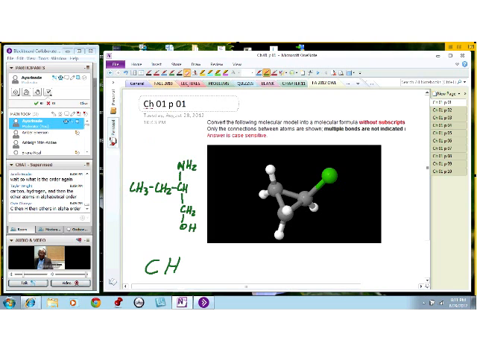Supposing I ask you to give me the molecular formula for this molecule, what will it be? You guys could send it to me through the chat window. I'm trying to answer Janelle Radiri's question. Okay, carbon, but I want the complete formula.